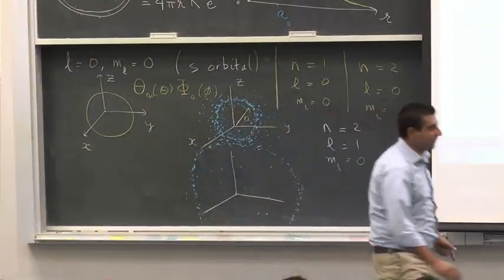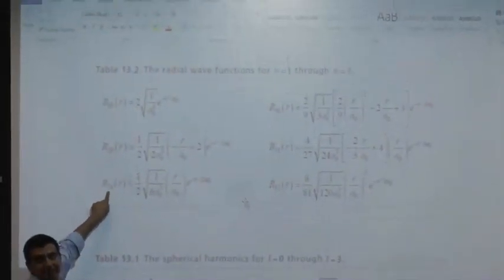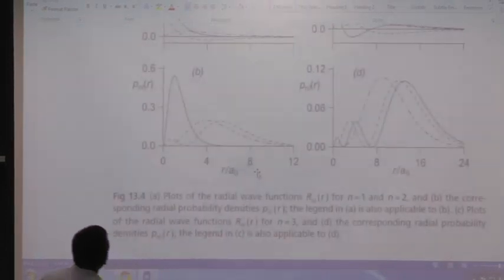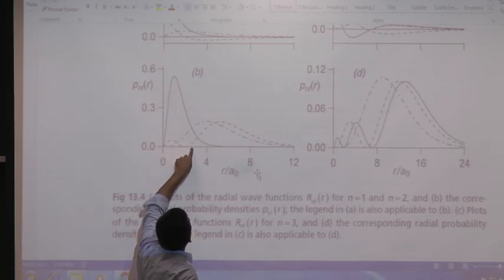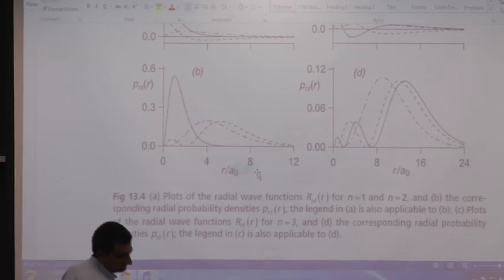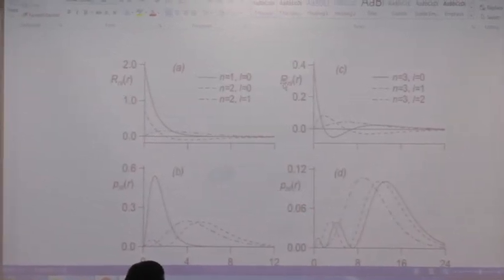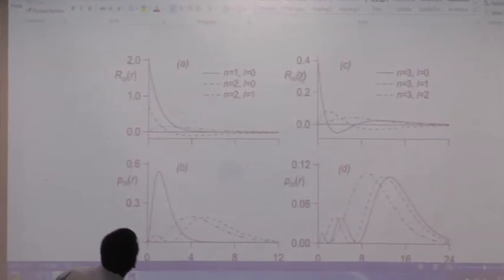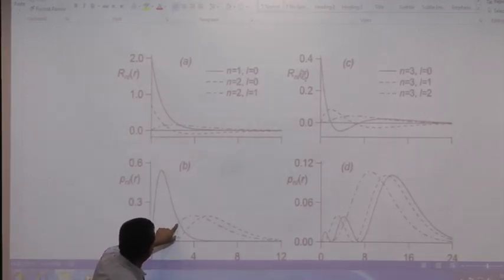For this particular combination I have R21, and the probability density is plotted like this. I'm sorry, this is n equals 2, L equals 1.